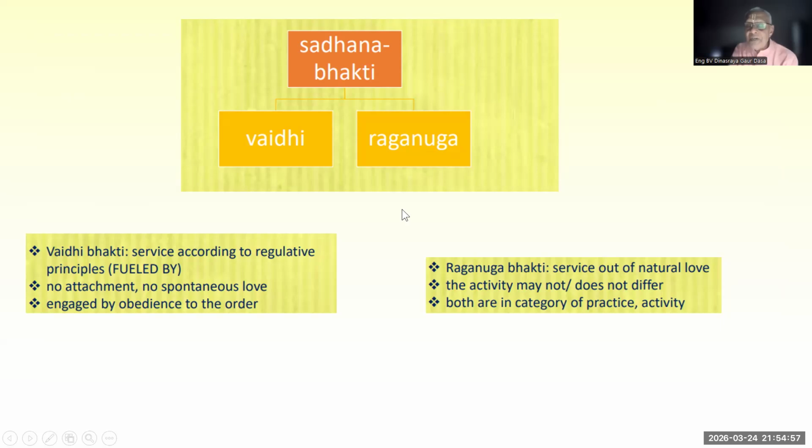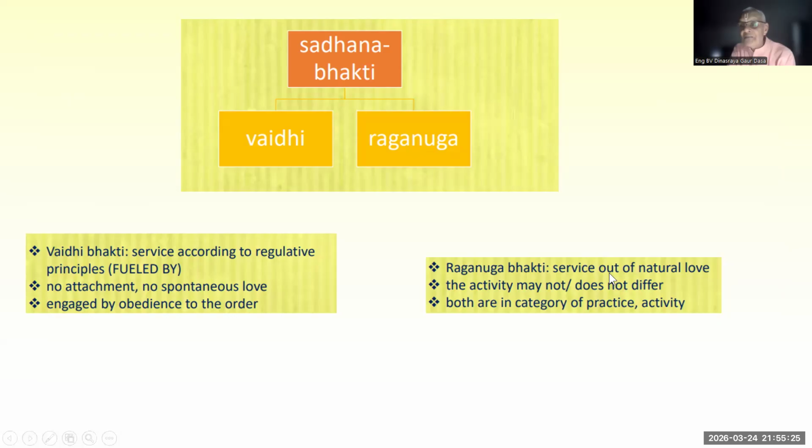But after attending, we develop some kind of love for attending. If we don't want to miss our Mangala Arati, we don't want to miss our 16 rounds of chanting, then it becomes Raganuga. We become attached to that chanting because chanting gives our soul some kind of bliss or happiness, which is enduring, which lasts the whole day long until we wait for the next day again.